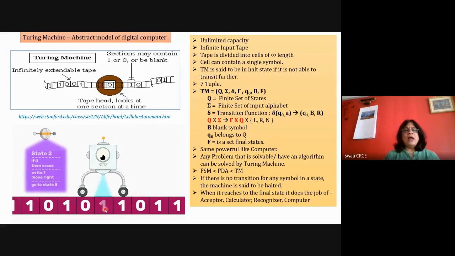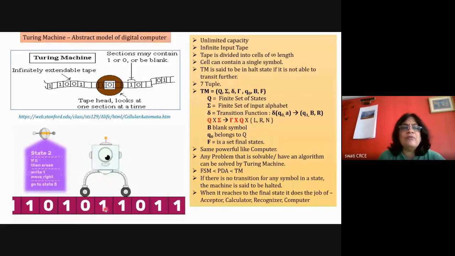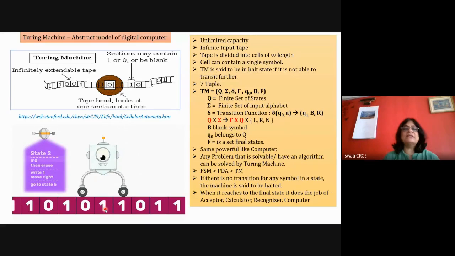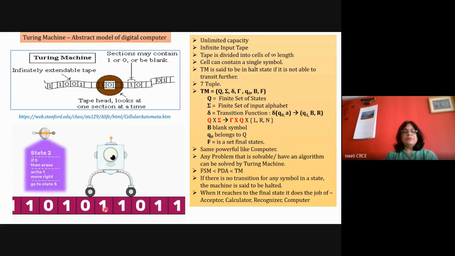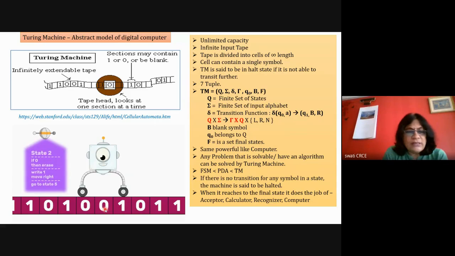Have you understood? This is not only a read head, it is a read and write head. It reads the symbol and writes it back, and if there is no change, it will write the same symbol back on the input cell, or it can change the symbol. So I think you have got an idea about this.